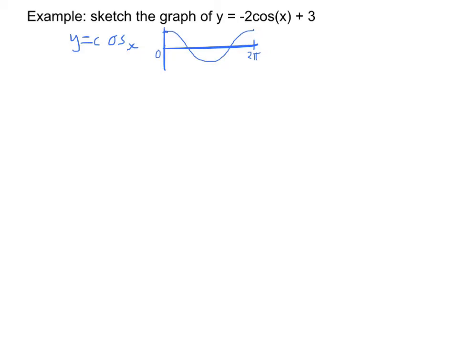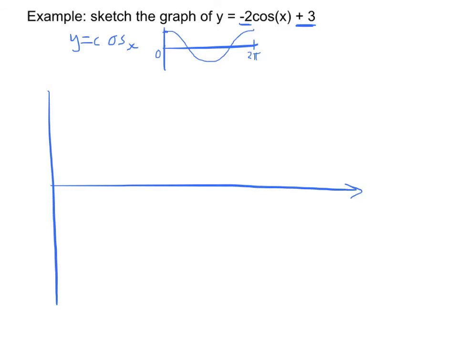Okay. So for us, we need to do a vertical shift of 3, and we need to do a vertical stretch of -2, right? So I'll draw a whole graph here. I'll try and be a little bit more clear about my steps on this one. I like to deal with the vertical shift first, right?